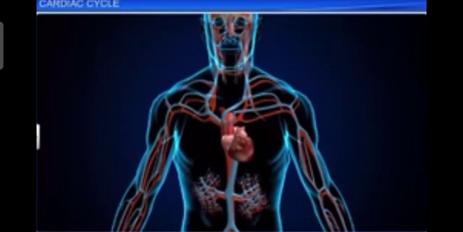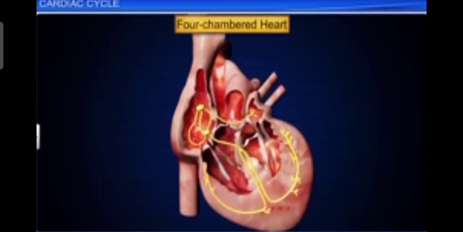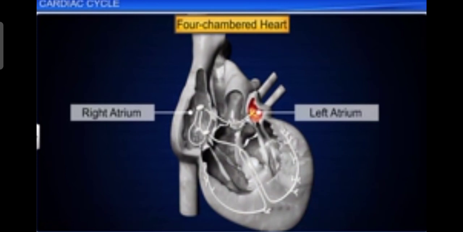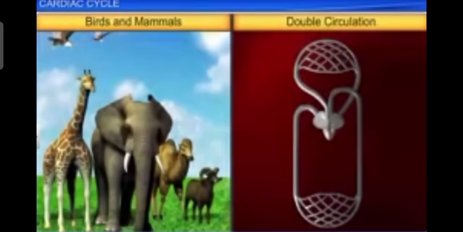Now discuss the heart. It is the only organ in the human which is responsible for the blood circulation. It contains four chambers: right atrium, left atrium, right ventricle, and left ventricle. As we know, the double circulation takes place in the four-chambered heart.